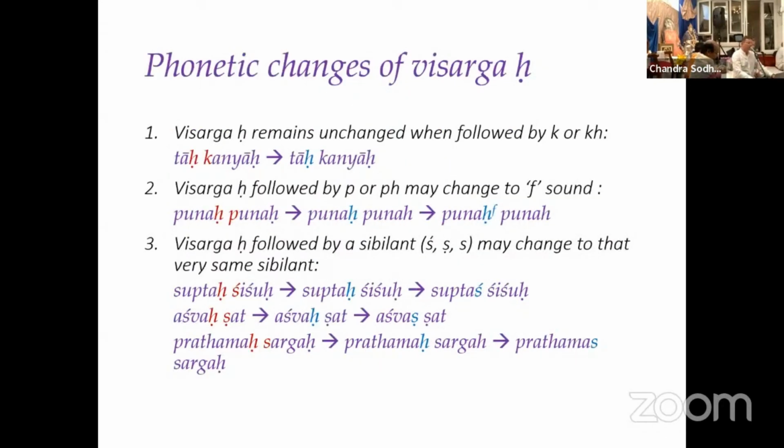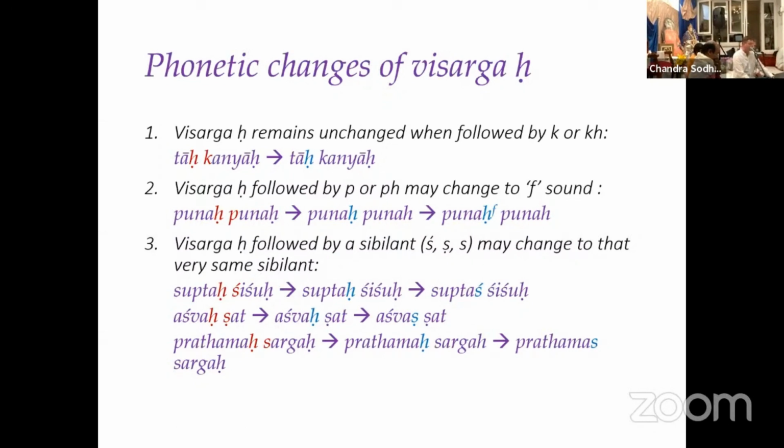Okay. Then very quickly about Visarga, and this is what Raja Gopalji mentioned in regard to the Gayatri Mantra, this Prachodaya, the Yo Naha Prachodayat, right? So very quickly, phonetic changes. When we have K or Kh, then this Visarga, which is H down, doesn't change.